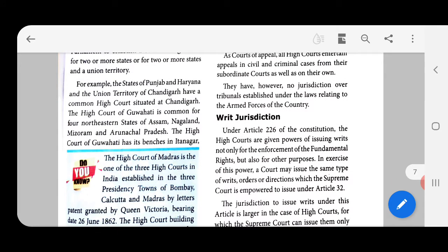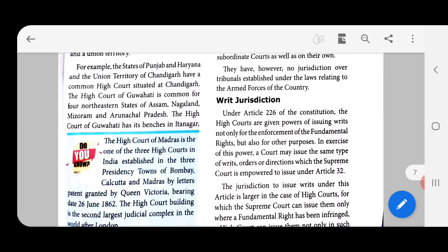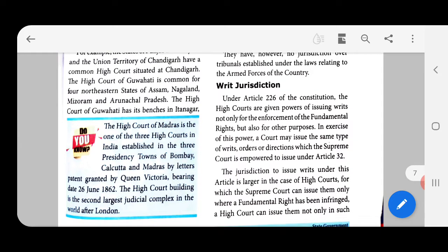For example, the states of Punjab and Haryana and the Union Territory of Chandigarh have a common high court which is situated at Chandigarh. The High Court of Guwahati is common for four northeastern states, which are Assam, Nagaland, Mizoram and Arunachal Pradesh.